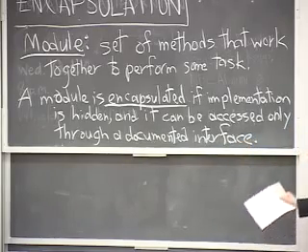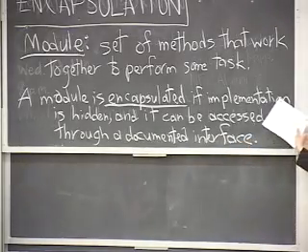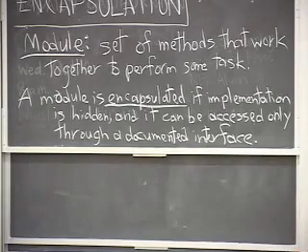So these two things together, the hidden implementation and the documented interface, mean that someone can use your module and call your module without having any idea how it works. They know what it does, but they don't know how.